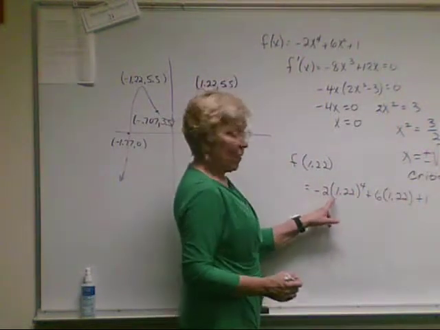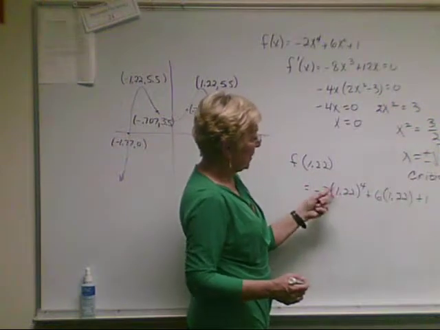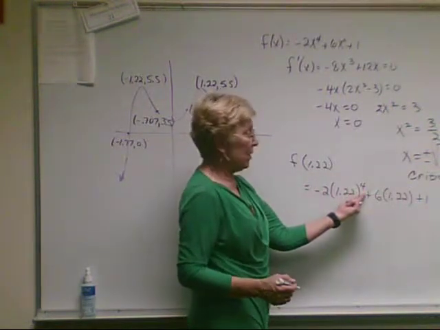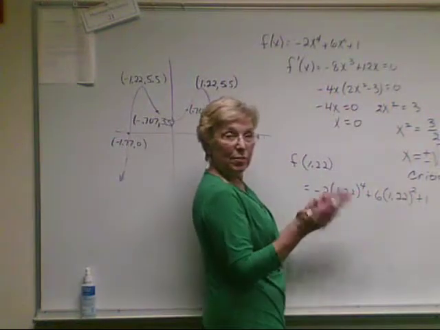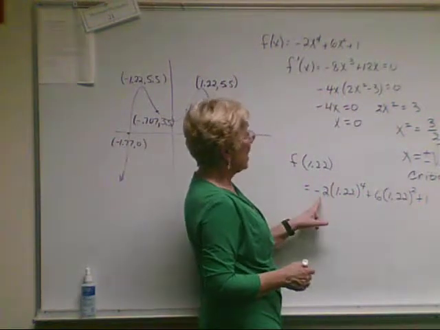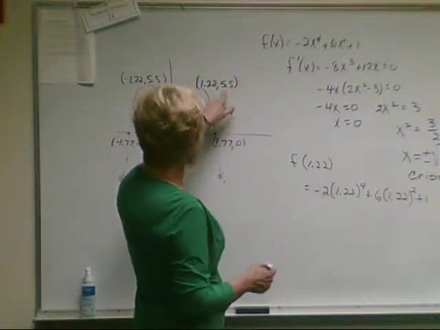And it really doesn't matter whether I use the plus or the minus, because when you raise it to an even power, it's going to make it a positive anyhow. And when I did that, I got 5.5.